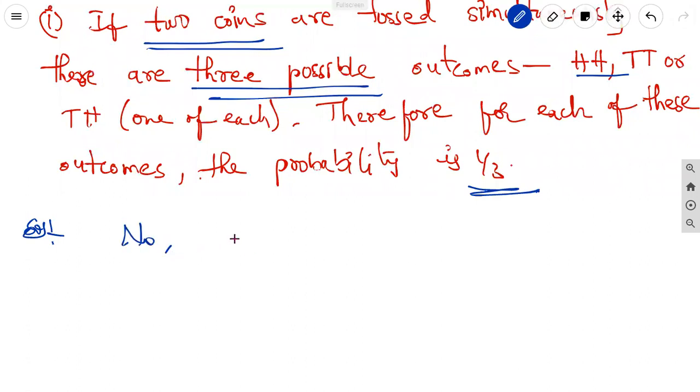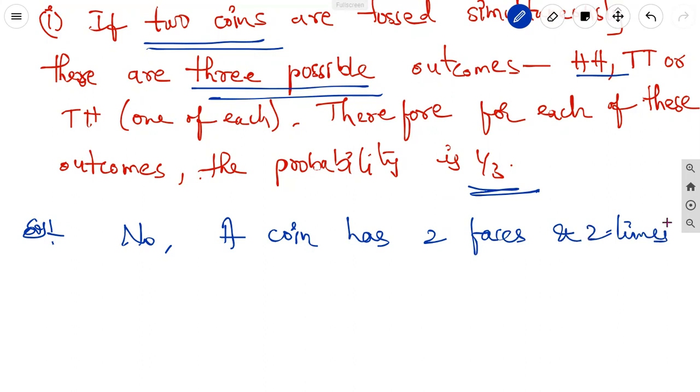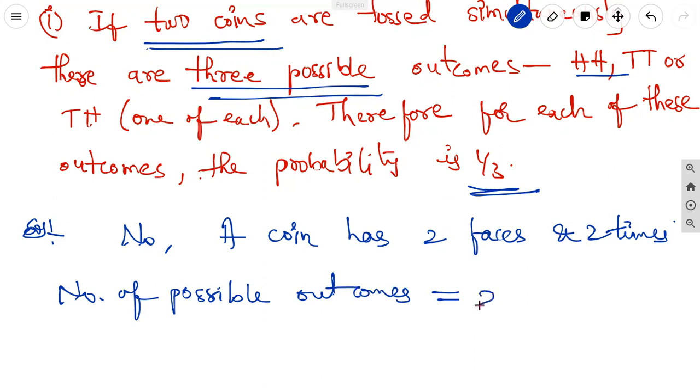Why? The sample space. A coin has two faces and two times. Means number of possible outcomes are 2 power 2, that is 2 into 2 equal to 4.